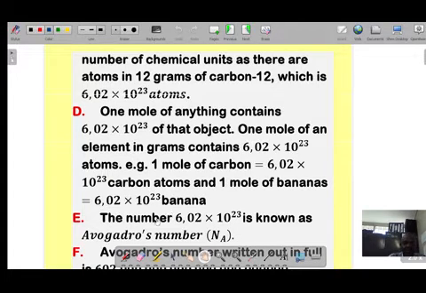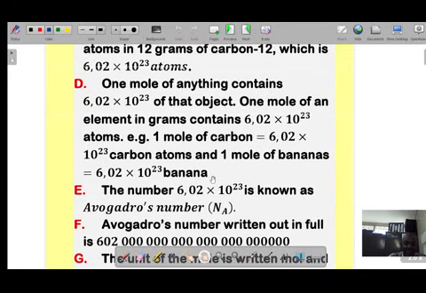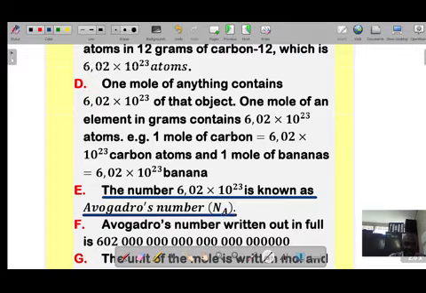So this number, 6,02 times 10 to the power 23, is known as Avogadro's number. So don't be scared whenever you find this number. It is known as Avogadro's number because it was discovered by this guy called Avogadro.